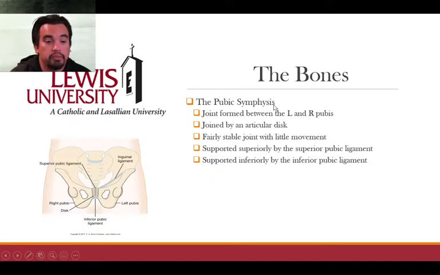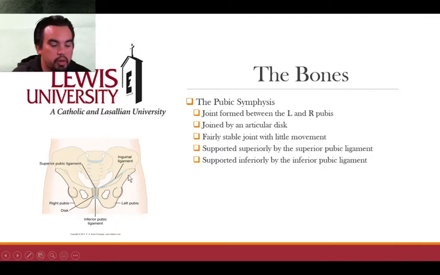And then the pubic symphysis, as I was just talking about, is the joint formed between the left and the right pubis. So we have our right pubis here, our left pubis here, and the back is the ischial tuberosity right back there on the posterior side of this, and you can see right here it joins up into the pubic symphysis. And then you have a ligament on top, ligament on the bottom, a fibrocartilaginous disc in the middle, and then in the front we actually have an inguinal ligament.